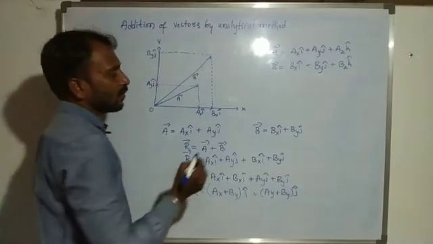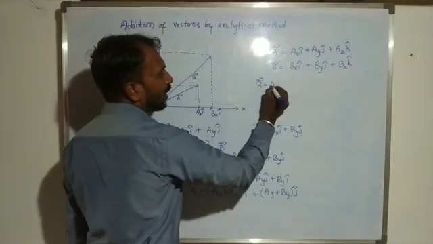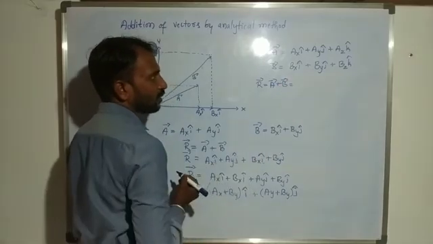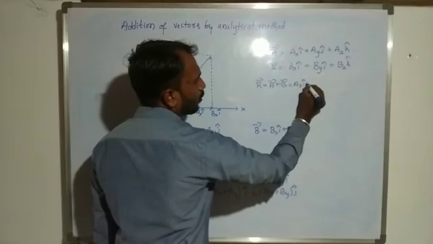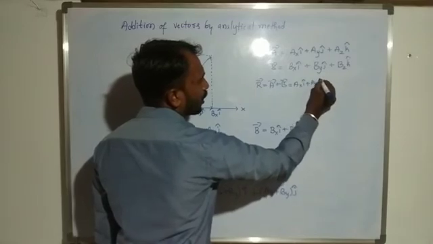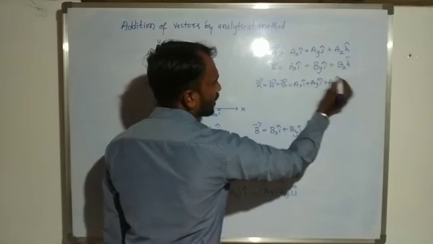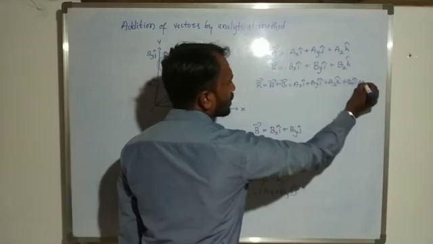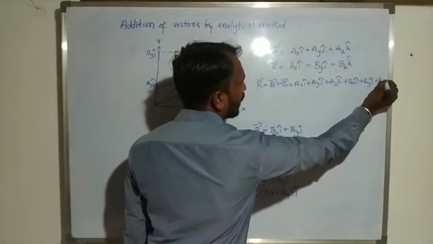Here we want to calculate the resultant vector, that is, vector A plus vector B. Vector A is Ax i cap plus Ay j cap plus Az k cap, plus vector B, Bx i cap plus By j cap plus Bz k cap.